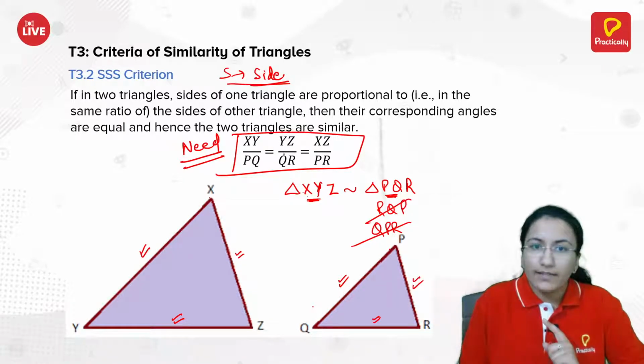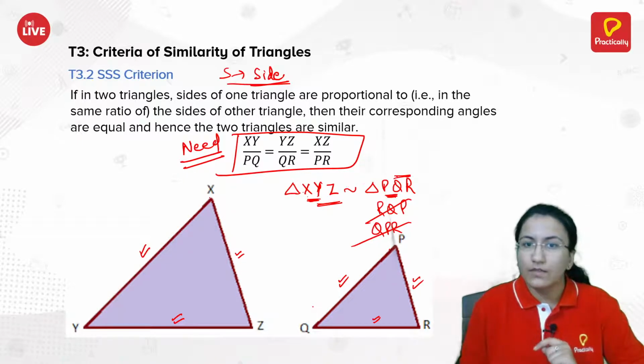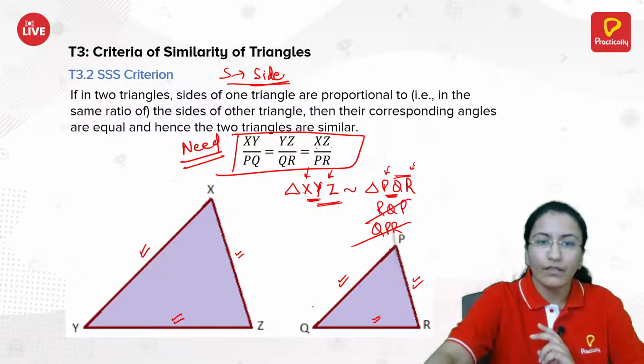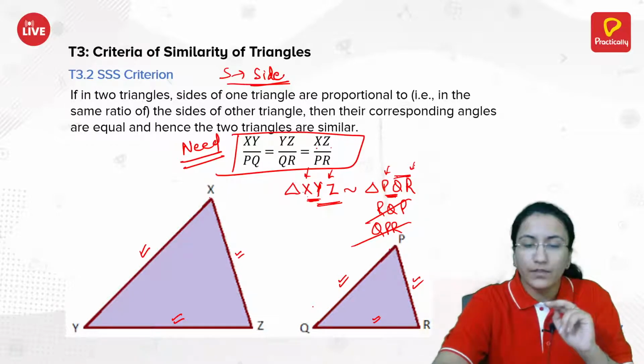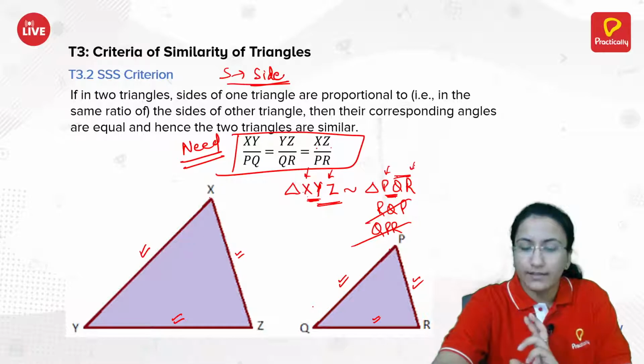Next, YZ divided by QR, the last two terms here, last two terms here. XZ divided by PR, the first and third terms here too. So write this in ordered form, okay? So if we have three sides proportional to each other, then you can say that the triangles are similar.